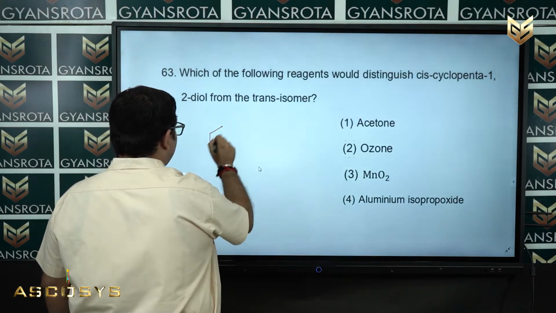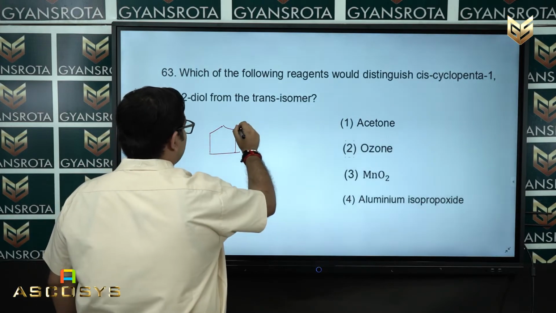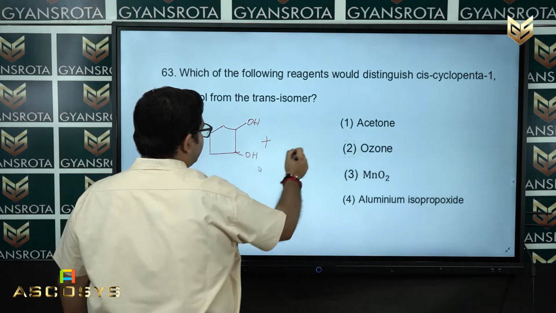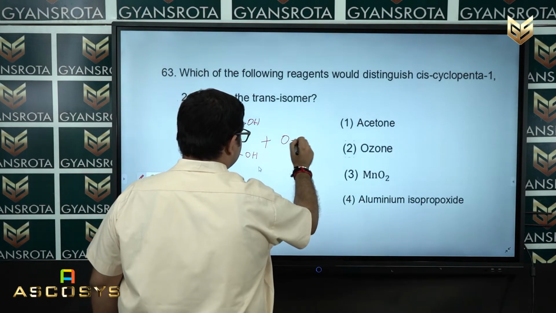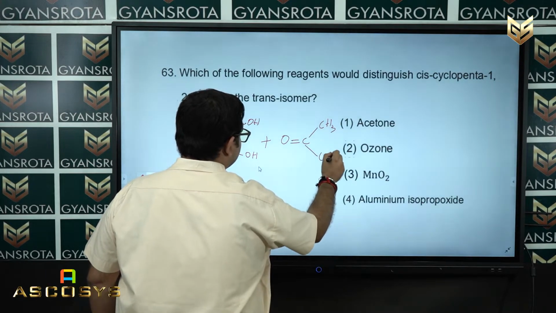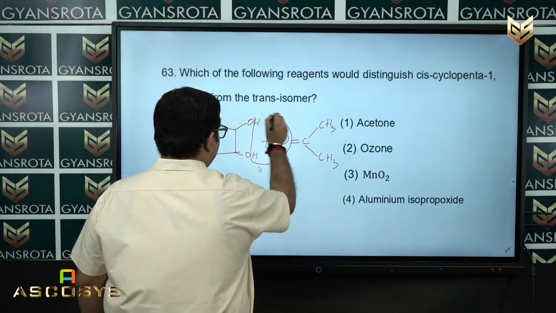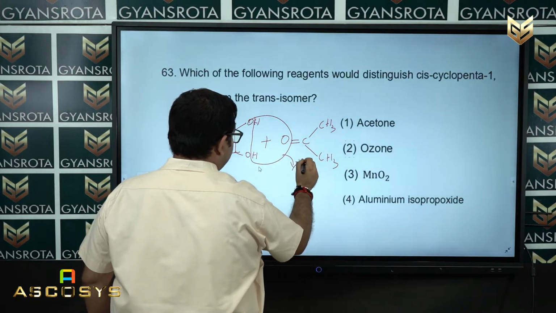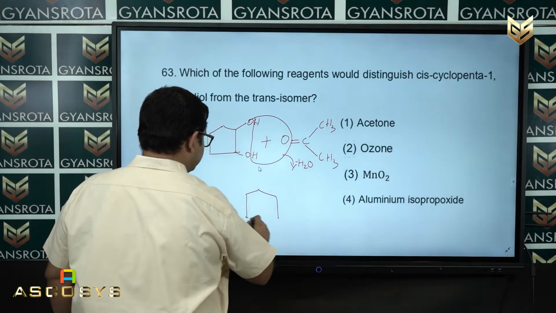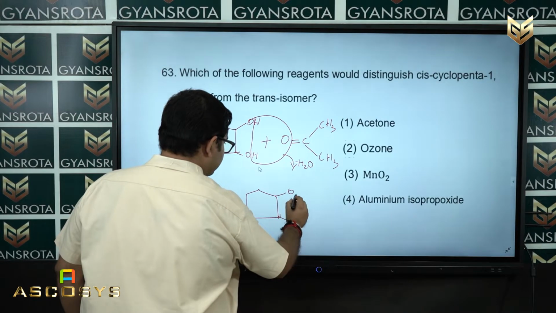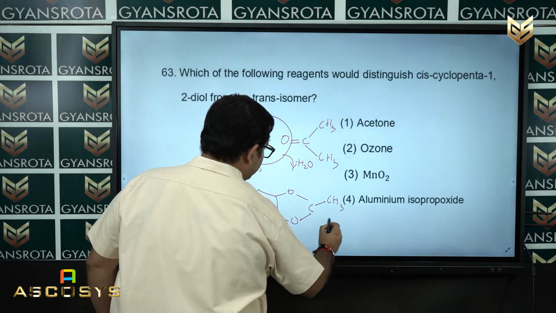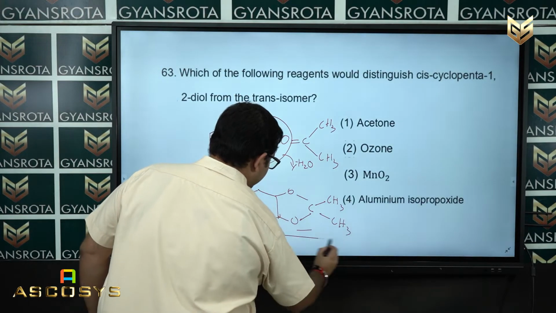If I draw my cis cyclopentane, that is OH and OH, and when it reacts with acetone, a water molecule will be left out, and it will end up with this kind of product.